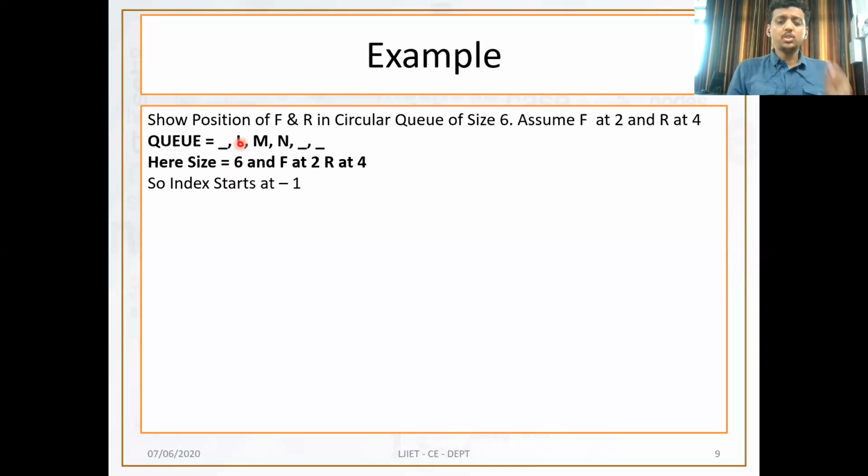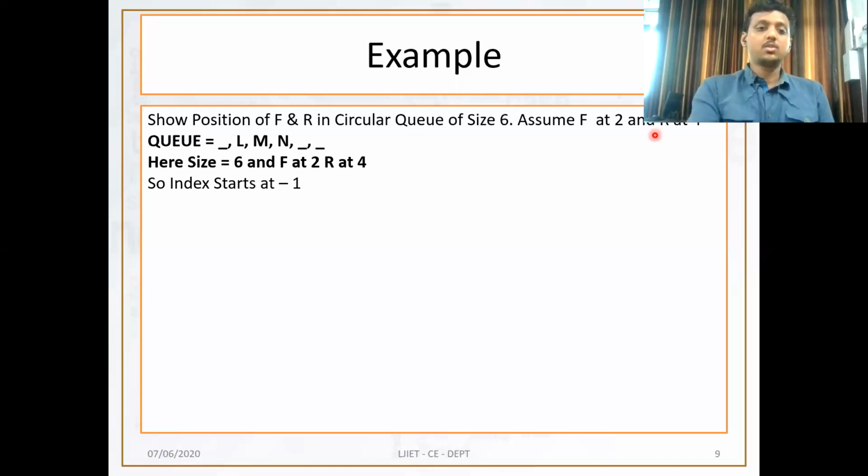That means our indexes start from 1. If you have any problem knowing where the indexes start, then in the exam you should write it down, or you can calculate it from the problem, from where the F position is. Here F is at 2 and R is at 4, so we can say that the array index starts from 1.